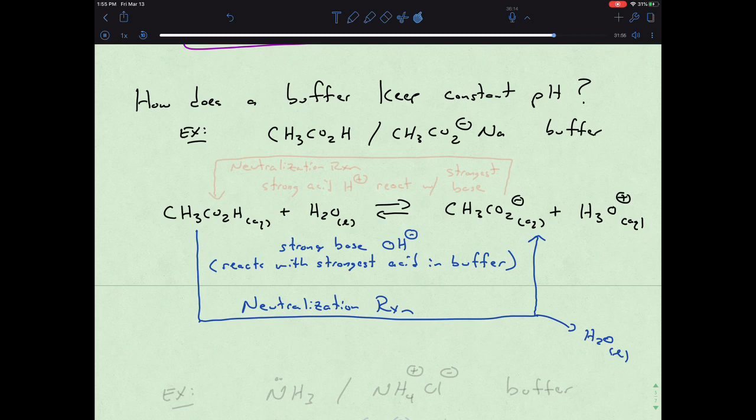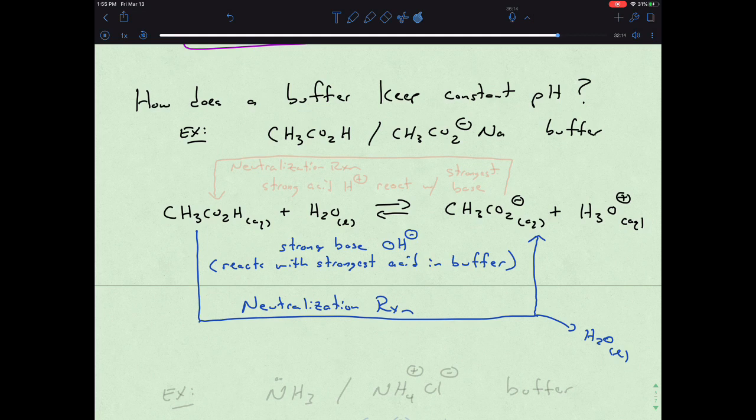So it's like the hydroxide never has a chance to affect the actual pH of the solution, because the hydroxide immediately reacts with the parent acid form of the buffer, neutralizing the hydroxide to actually make H2O.